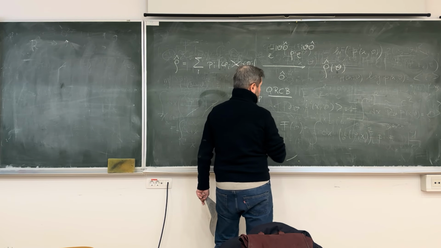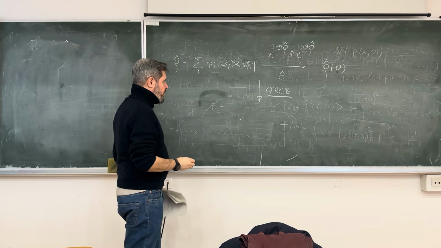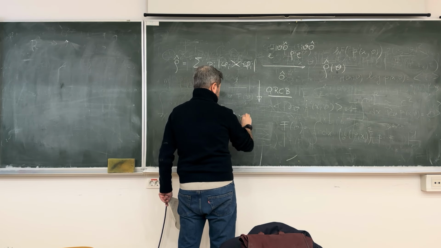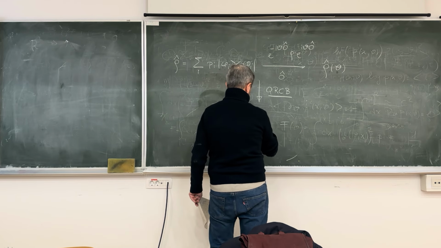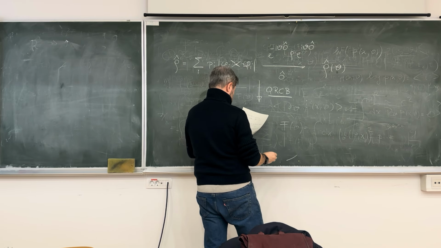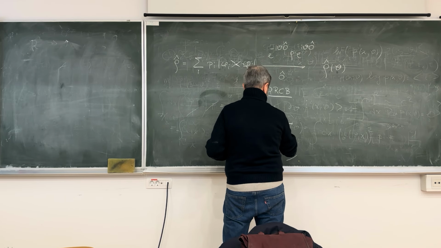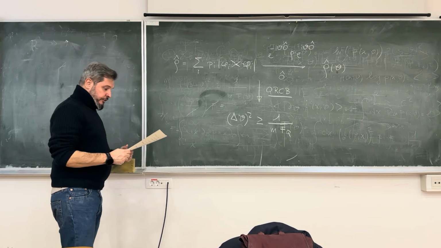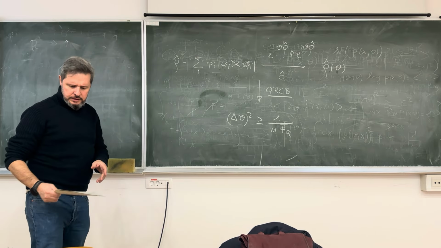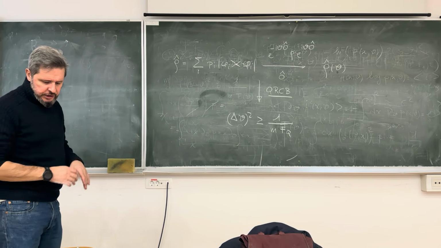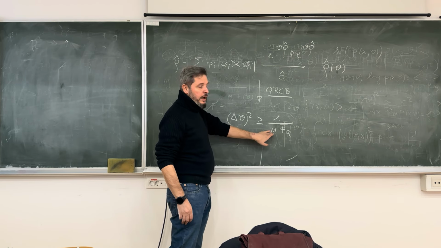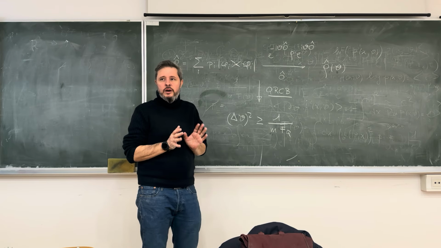So the answer to this is given by the quantum Cramer-Rao bound, which tells us that delta theta squared is going to be greater or equal than 1 over m times F of Q. First of all, I have to define what the measurements are. Here I'm assuming that when I write m, I'm dealing with a quantum system.